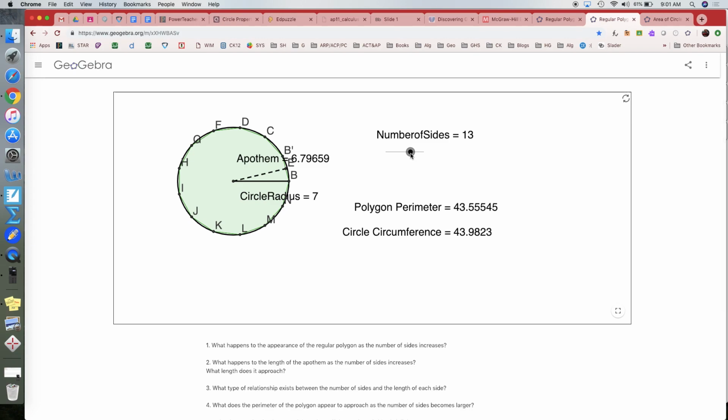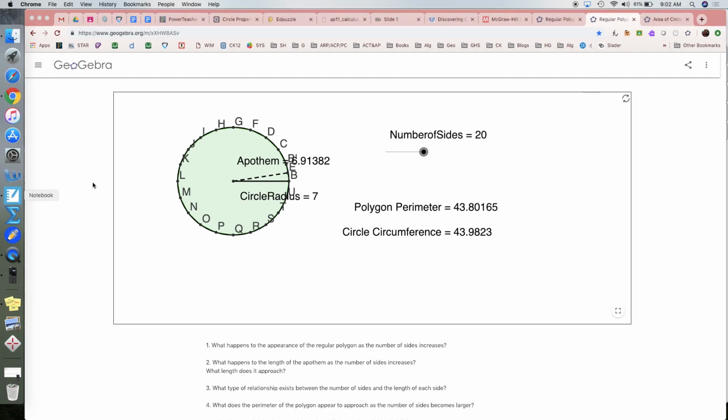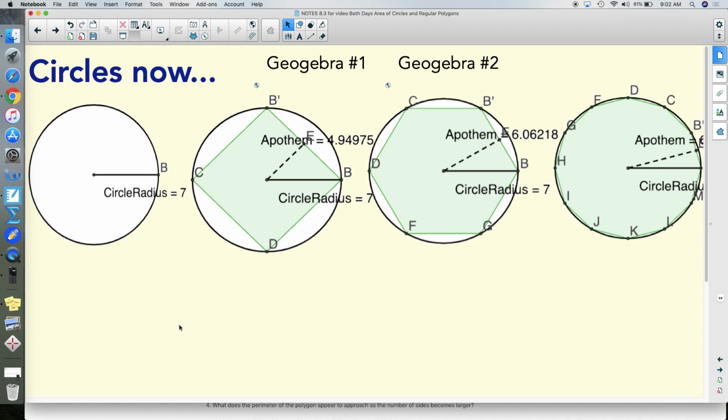The circle's radius isn't changing, but as I increase the number of sides of that regular polygon, filling up the space, it's getting closer and closer to filling up the space, and its apothem is getting closer and closer to being the radius. So if I could make it so that my circle were fit perfectly by one, I'd have to have infinitely many sides to that regular polygon, but what would happen is that the apothem would become the radius in length, and that's how we get it to being a circle.